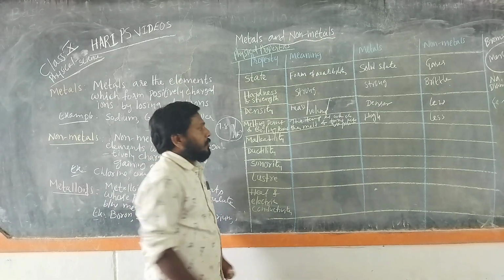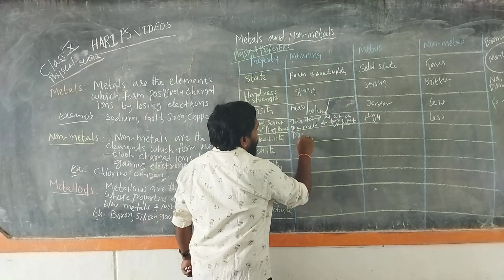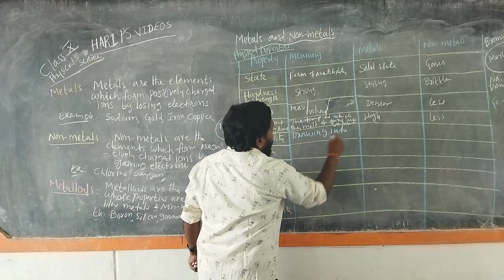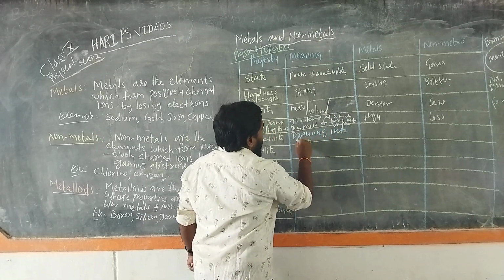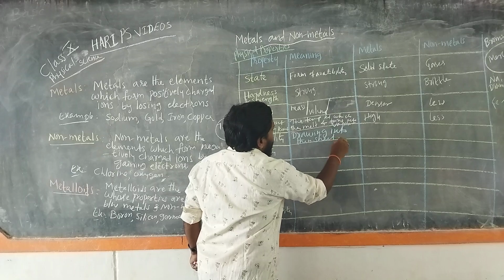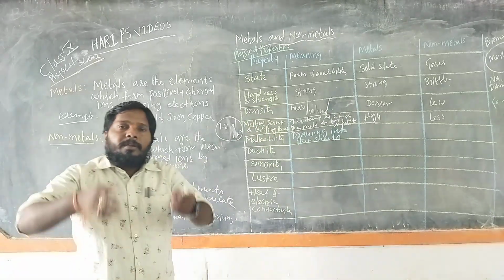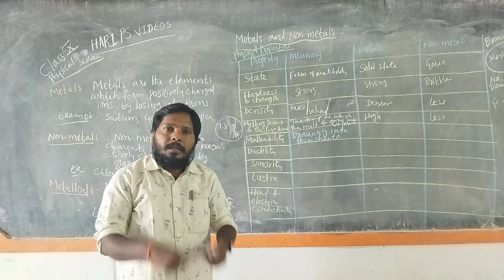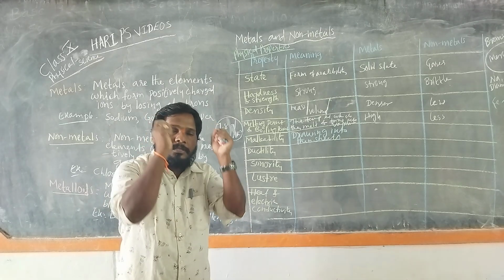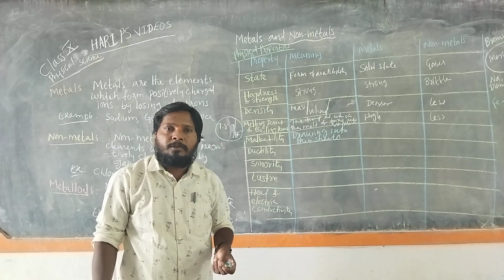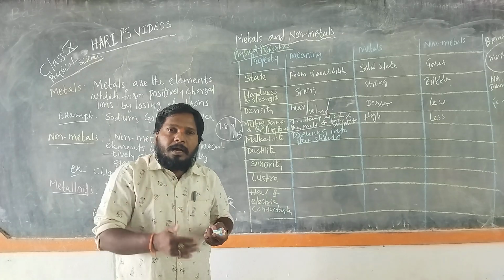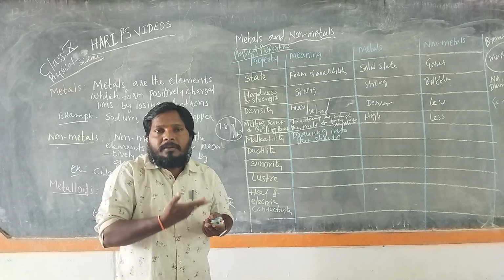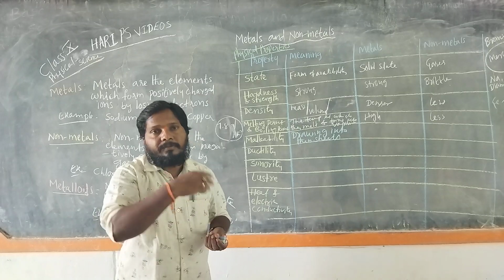Then malleability means drawing into thin sheets. If you take a piece of iron or an iron nail and strike it with a hammer, because of the hammering it turns into a flat surface.